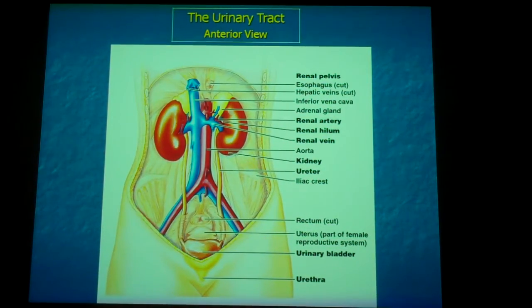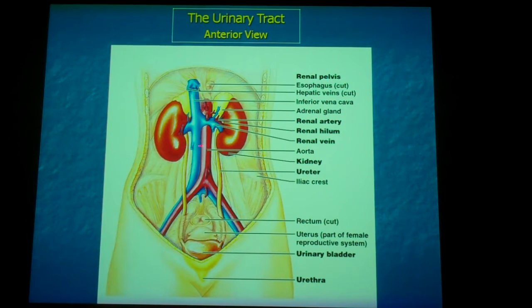So here's the whole setup pretty much here, as we've seen. The two kidneys, the two ureters, and the urinary bladder. This happens to be a female, so you notice that the urinary bladder is the most anterior organ in the pelvis. Behind it is the uterus, and behind that's the rectum.